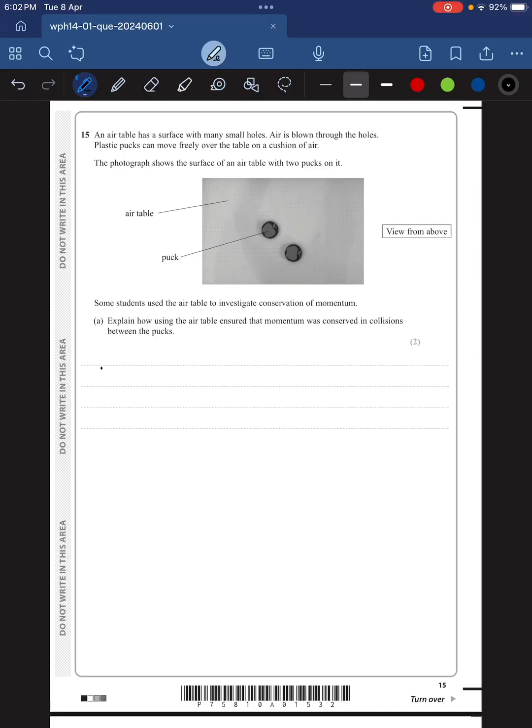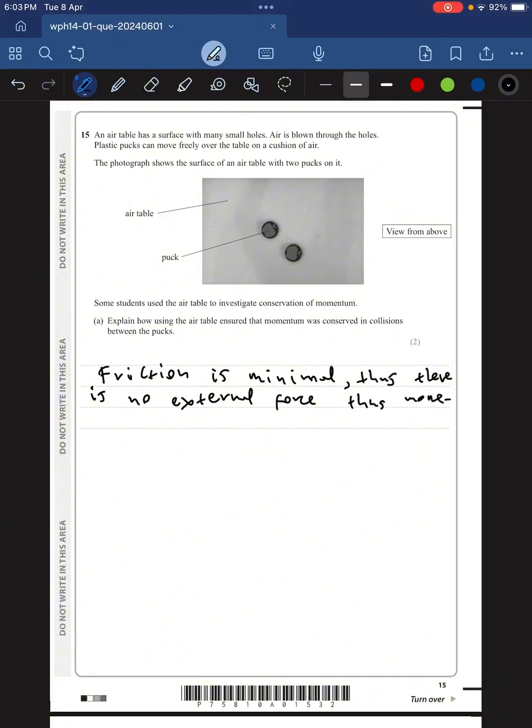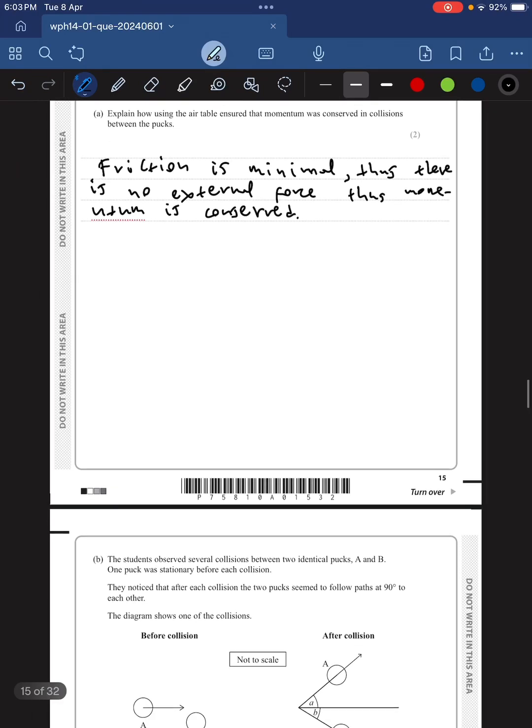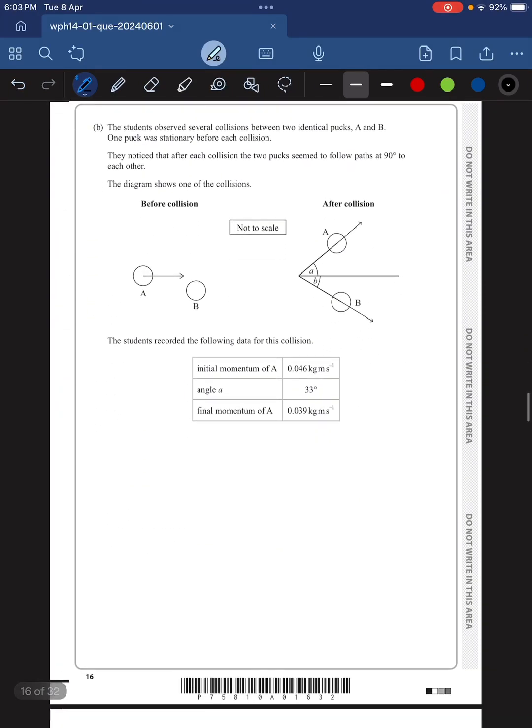So we're going to write: friction is minimal, thus there is no external force acting on the 2 pucks, thus momentum is conserved. Now, that's it. Let's move to part B.